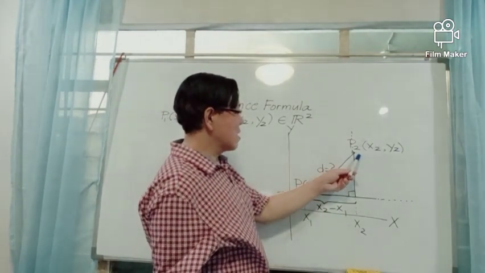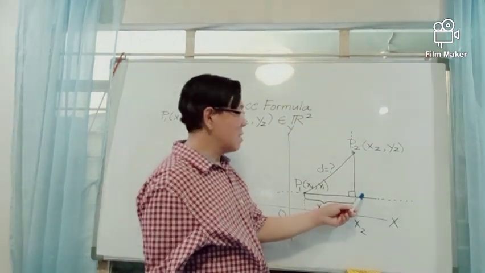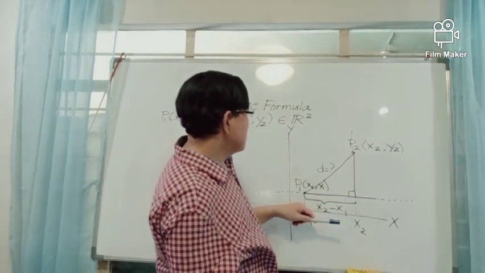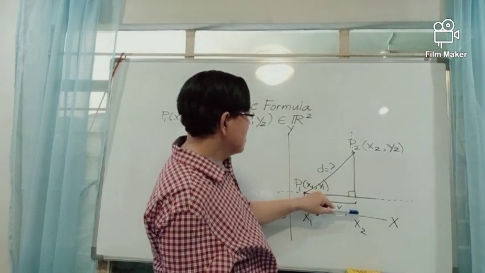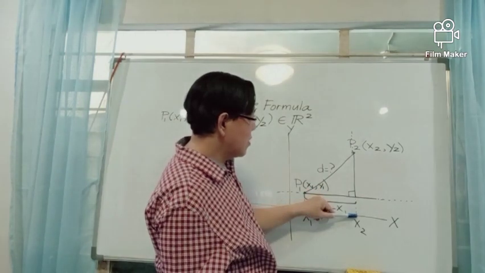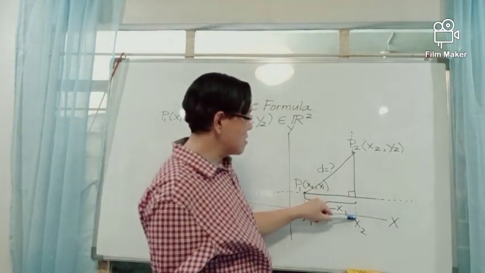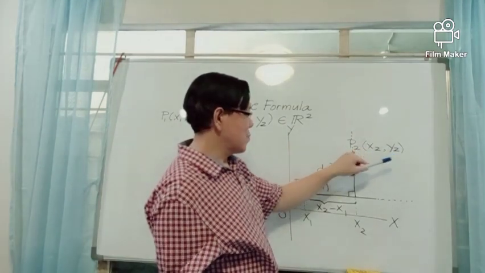Now we get the length of this side of the right triangle. You can see that the distance of P2 from the horizontal axis is given by the ordinate of P2, y2.